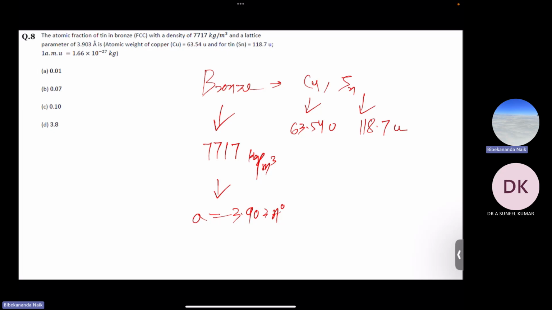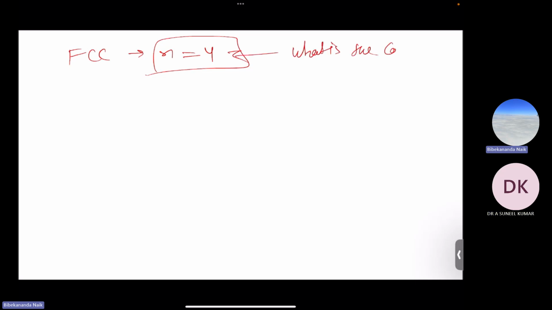We know that in the case of an FCC structure, the total number of atoms per unit cell is four. So out of this 4, what is the contribution of copper and what is the contribution of tin?